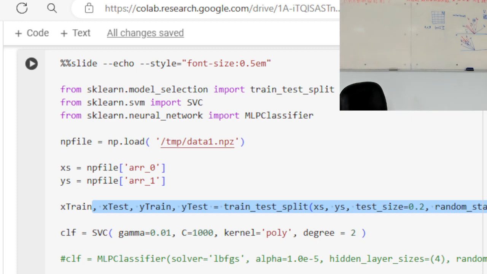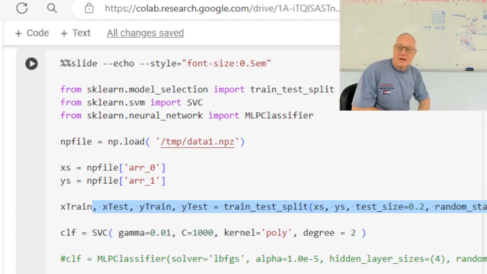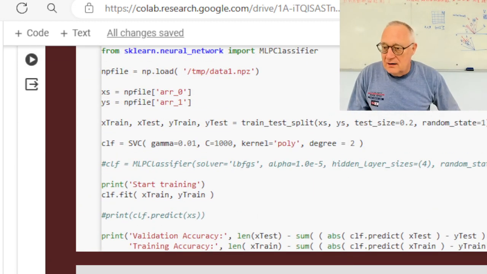So here we split the training data into a test set and a training set. And then we calculate the training accuracy and the validation accuracy. So it's very important that you do that all the time. And then validation accuracy, we had 2 out of 8.